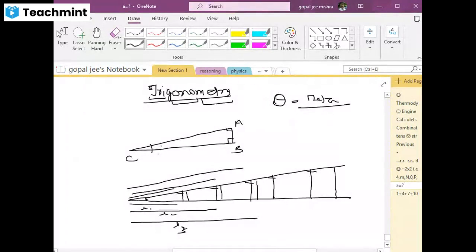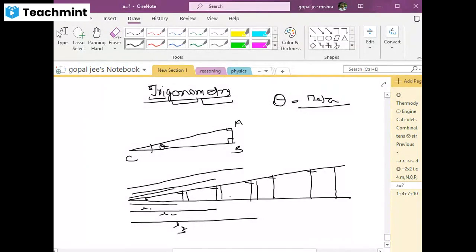Now you can see, beta. If I take this as the angle of consideration, it means that with respect to this angle, if I wish to define the ratios between the sides, how many ratios are possible? See here, beta. Side BC can be related with AC. One time you have to relate two sides only.